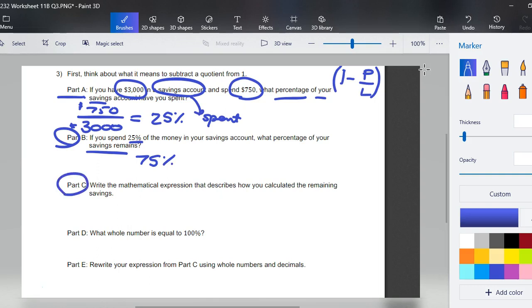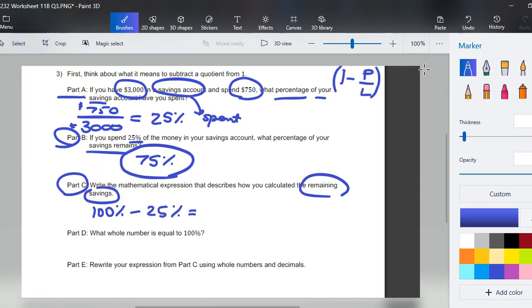So what is a mathematical expression that describes how you calculated the remaining savings? How did my brain think, oh, it's 75%? Well, my whole account has 100% of the money. I spent 25% of the money, and I'm down to 75% of the money. What whole number equals 100%?